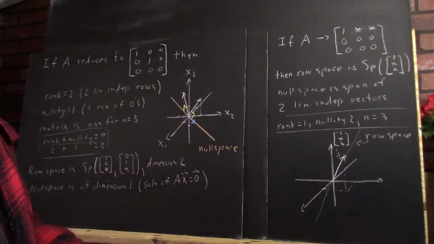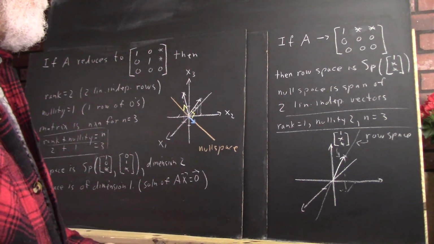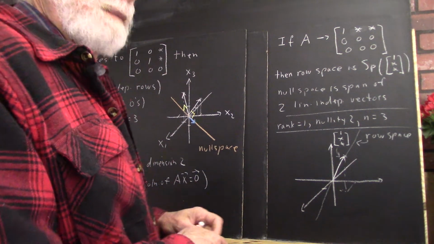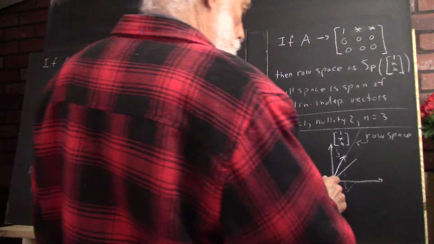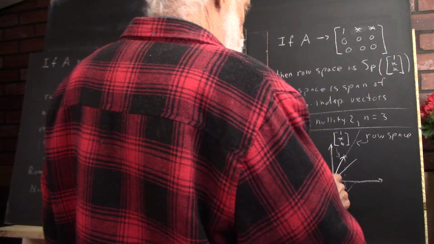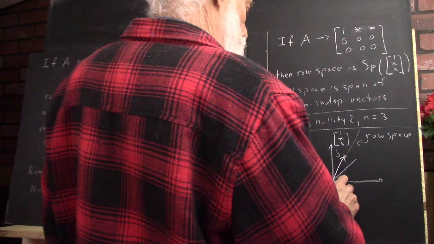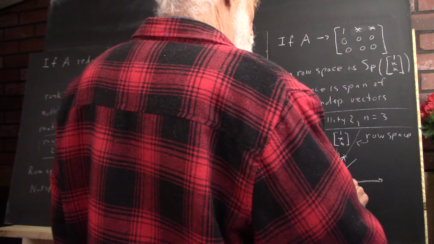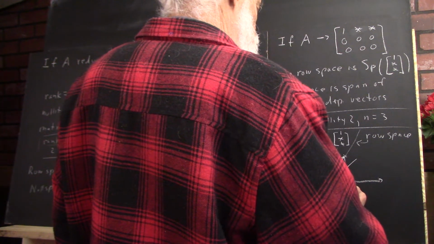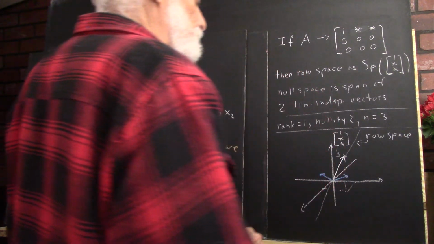Your null space is going to be spanned by 2 vectors. Okay, so your null space might be spanned by a vector here and a vector here.